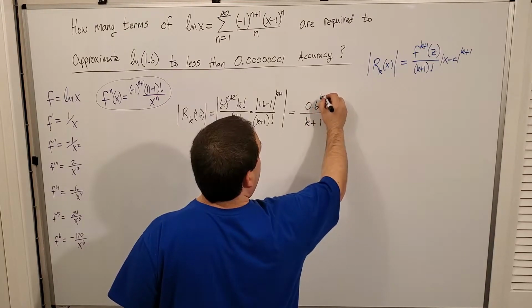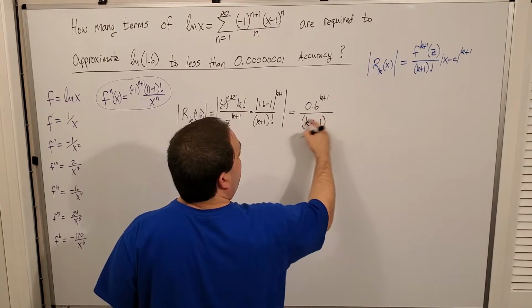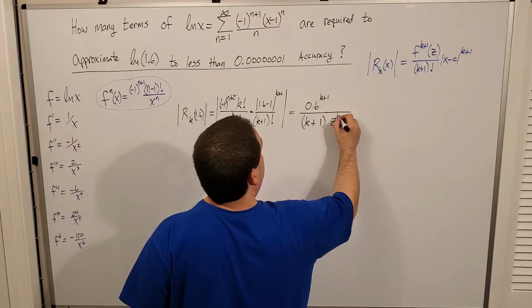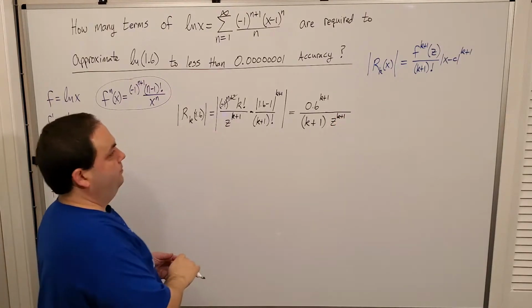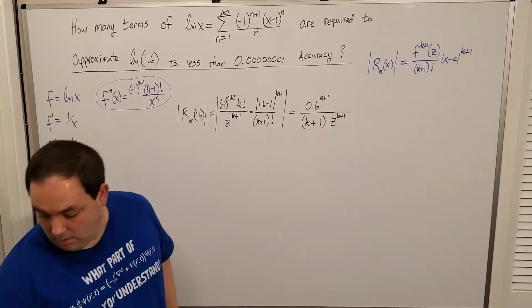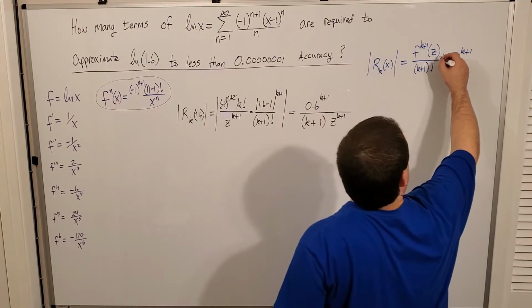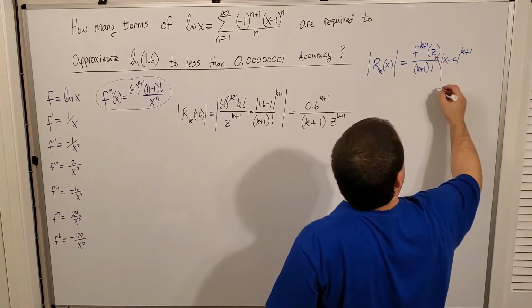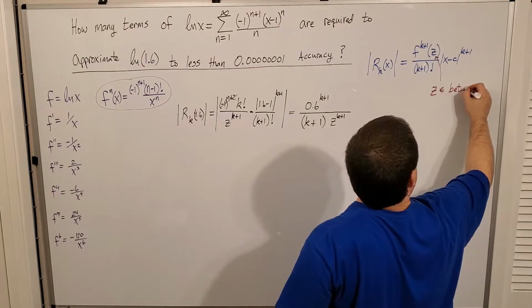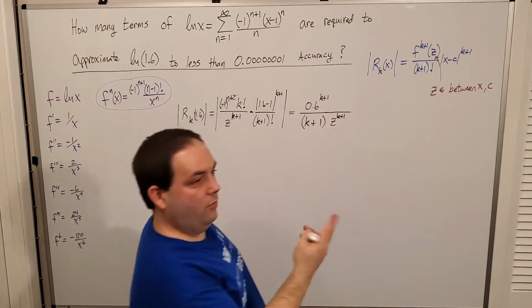0.6 to the k plus 1 power. And in my denominator here, I still have a z to the k plus 1 power. Now let's talk about this for a second on the side over here. The z value right here has to be in an interval between x and c, whichever one's greater, lesser.